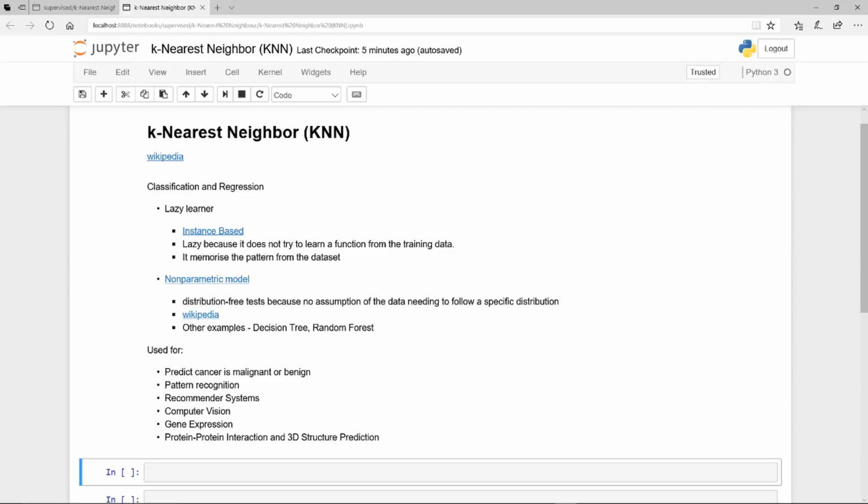Pattern recognition, so that's really similar to predicting whether a cell is malignant or benign, purely from the pattern itself. A recommender system, these are all variants, except that the underlying core technology is the same, but applied depending on where it's applied to.